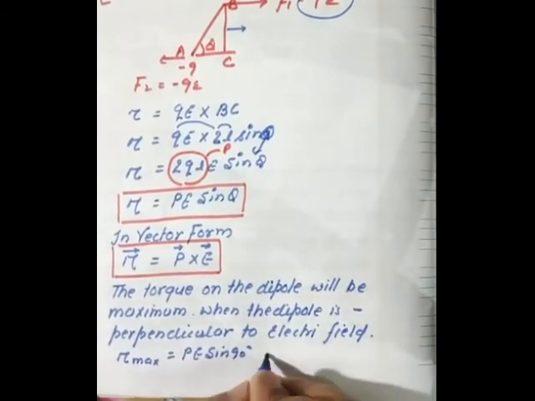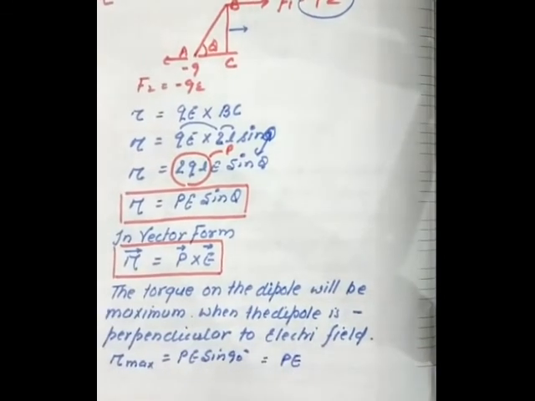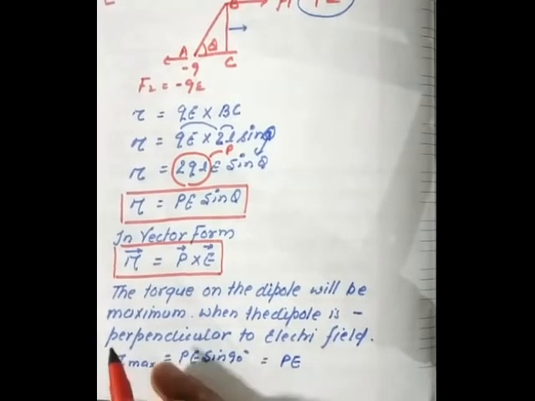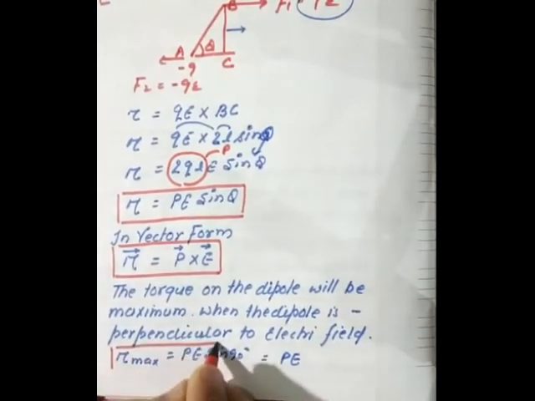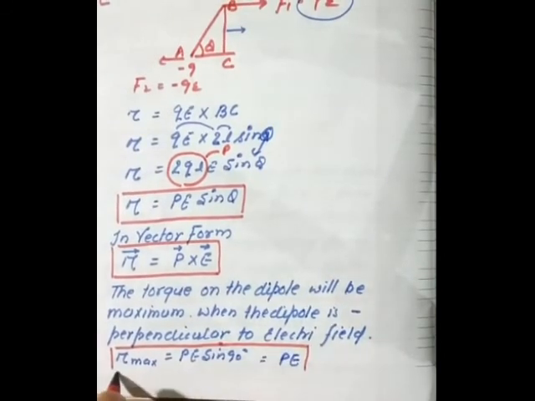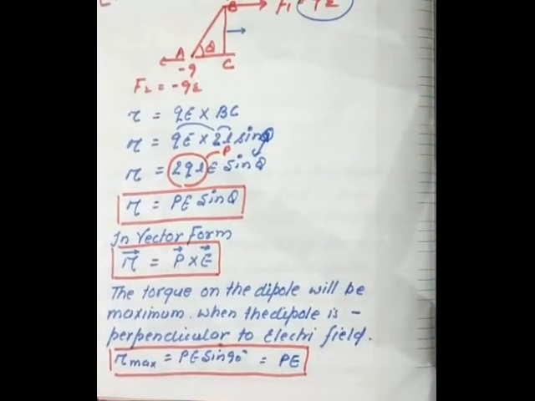So here you can write P into E. So here you can find out the maximum torque on the dipole.